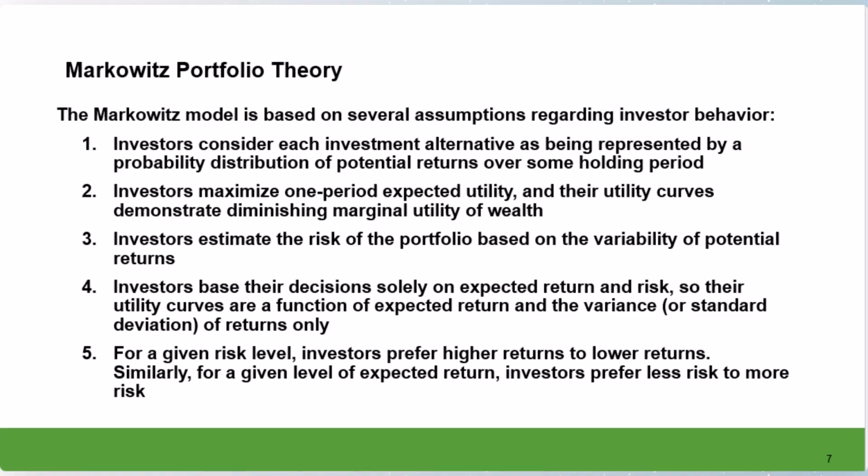This idea is the backbone of modern portfolio theory. Using these assumptions, a single asset or a portfolio of assets is efficient if no other asset or portfolio of assets offers a higher expected return with the same or lower risk, or lower risk with the same or higher expected return.